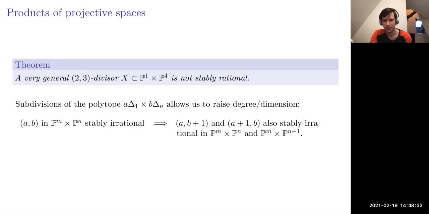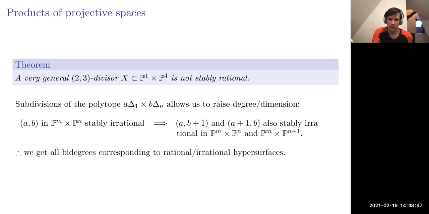This is not so important. I just say that the hardest case in P1 cross P4 is exactly this 2-3 divisor. Okay, so let me explain the proof of this theorem here.